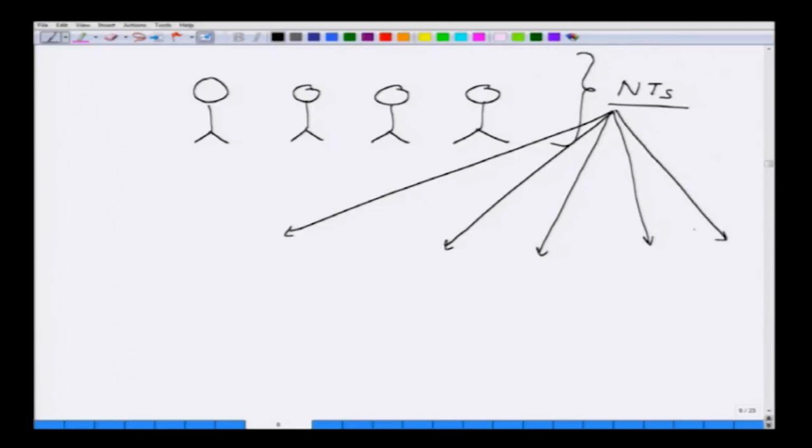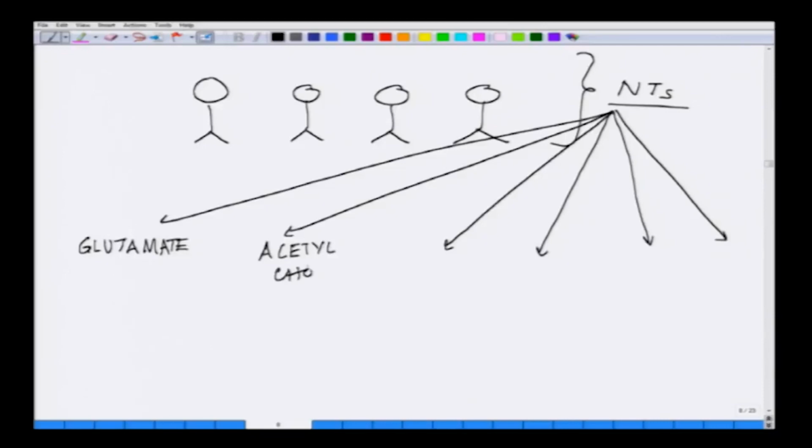Depending on the location and the developmental role, they become either glutamate, the major one they are secreting, or acetylcholine, which when it goes and binds, opens up the cation channels. It could be GABA, it could be glycine, it could be NO, which directly passes through the membrane, it could be CO2. Okay.